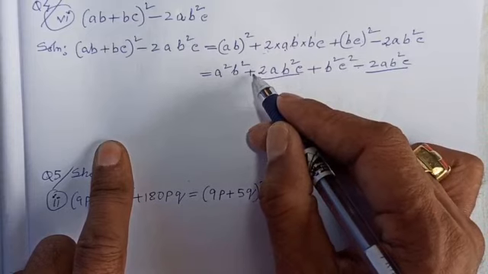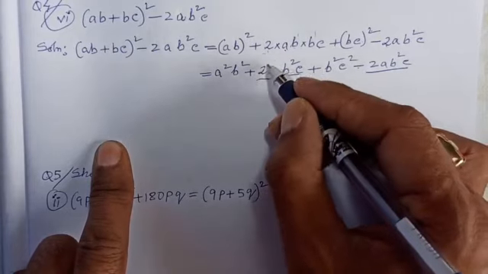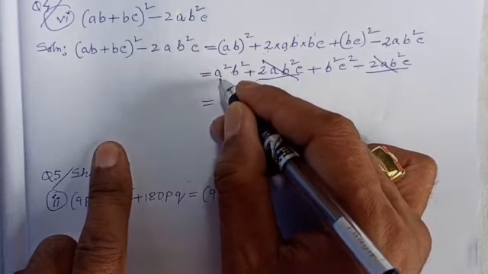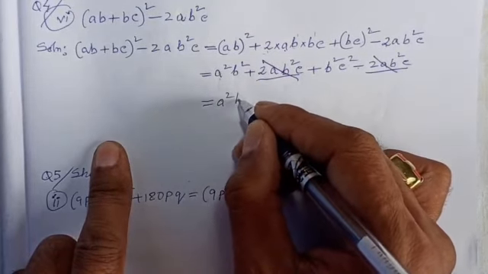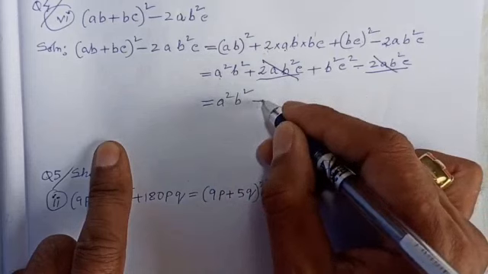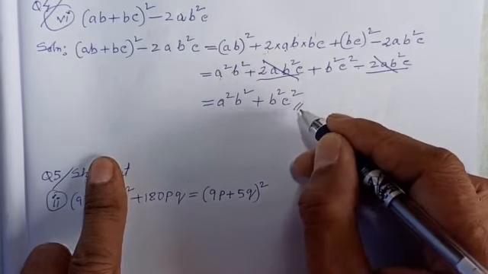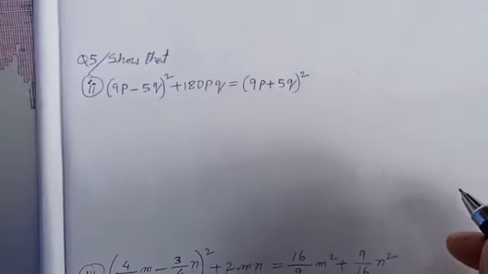The signs are different. So if we subtract these two, then we can cancel these two. Then we are getting this, A square B square, then this plus B square C square, and this is the answer. Now let's try question number 5.